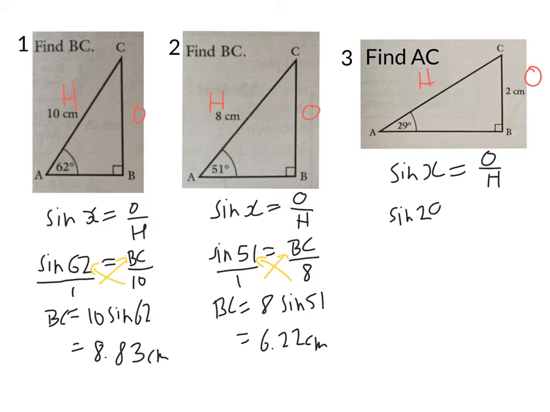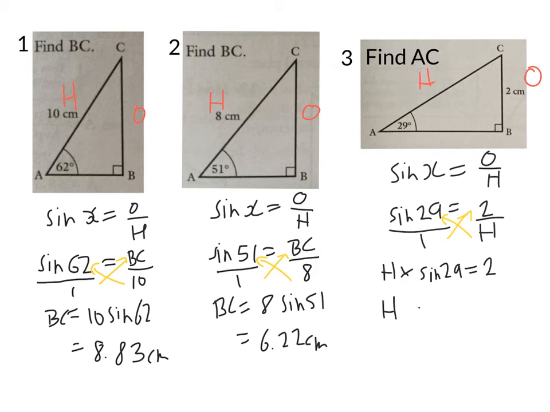X stands for the angle, so we put in 29. O is for the 2, and H we don't know, so just call it H, or we can call it AC. We put the fraction equal a fraction, so we can then cross multiply. And then we get that H multiplied by sine 29 equals 1 times 2, which is 2.